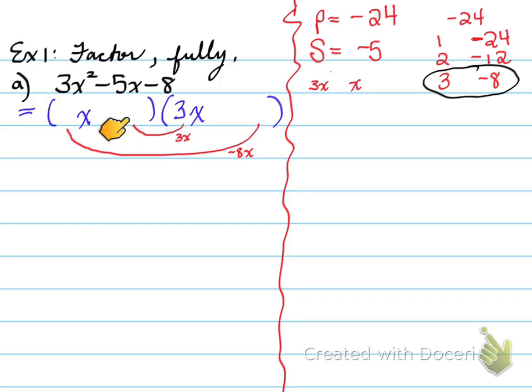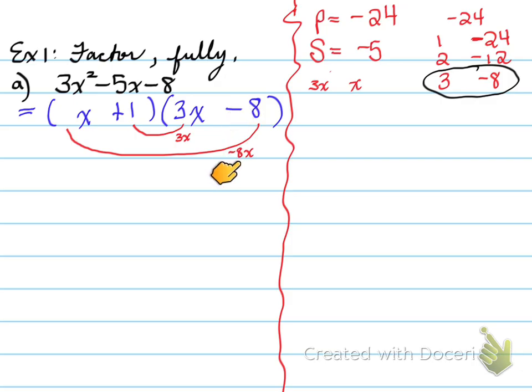3x times what gives you 3x? That'll be plus 1. 3x times plus 1 gives me 3x. And we have x times something to give us negative 8x. That's minus 8. So one more time, when you do the FOIL, first, 3x times x is 3x squared.